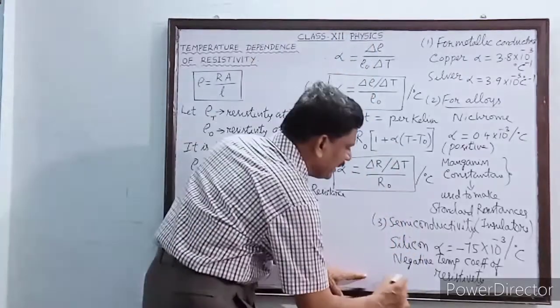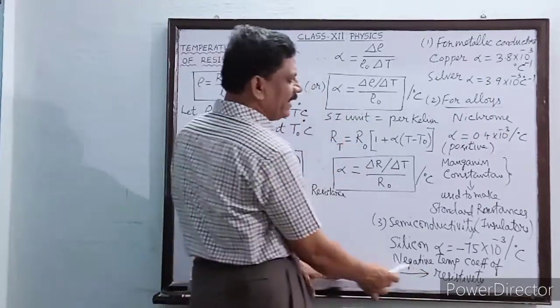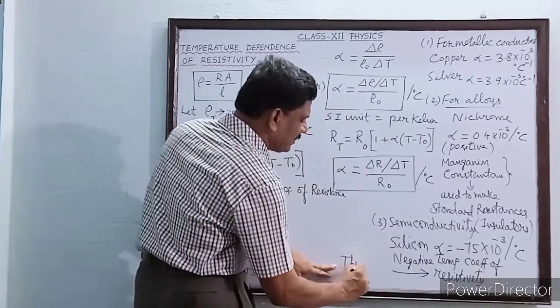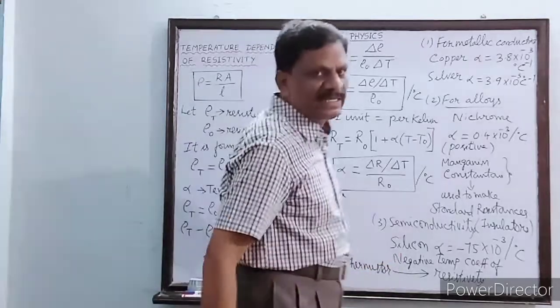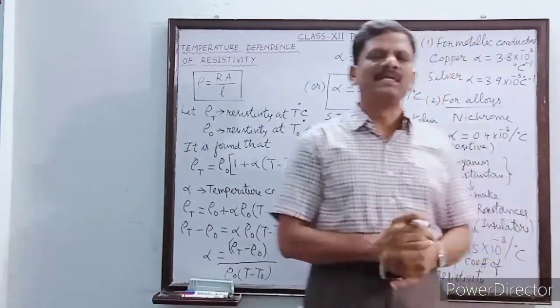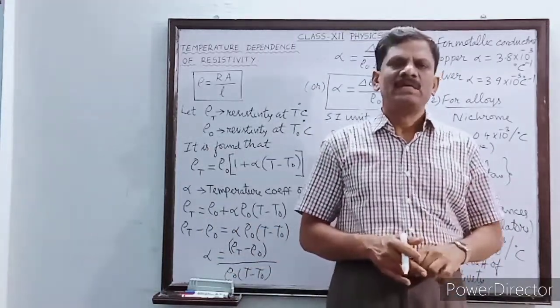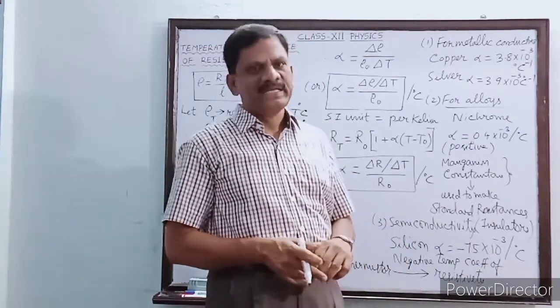So we are introducing a new term. A thermistor is any material whose temperature coefficient of resistance is negative, that means its resistivity decreases with increase in temperature.